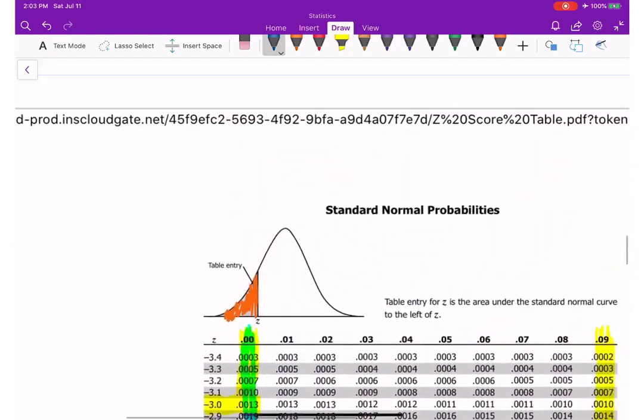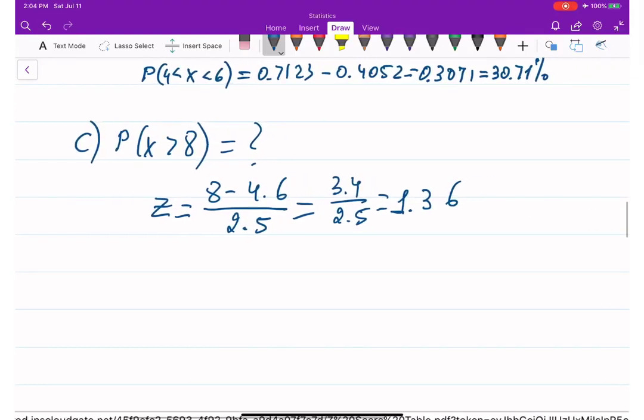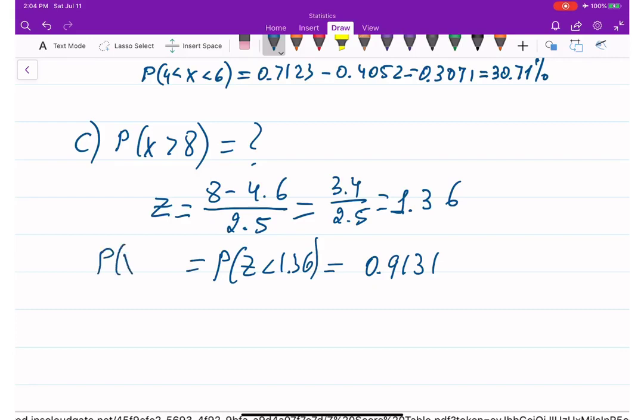Okay, that is the probability of z-score less than 1.36, and that is equal to the probability of x less than 8. But we need greater than 8, right? We need greater than 8. Remember what we have to do? Correct, we need to subtract. This is 1, the entire database here.